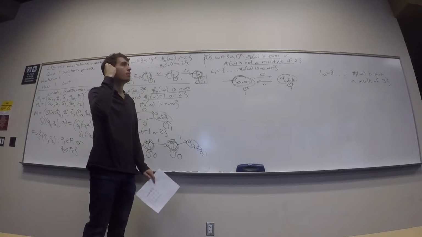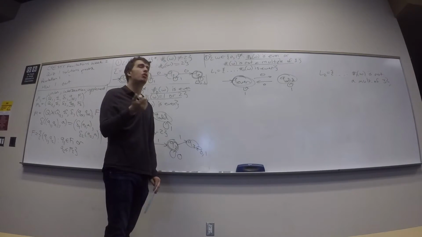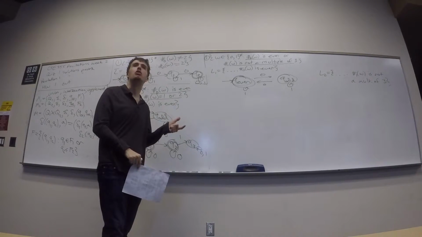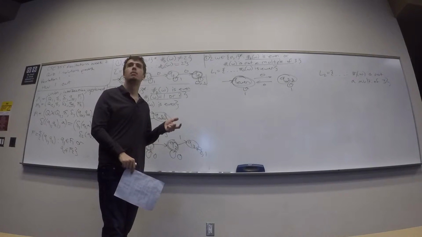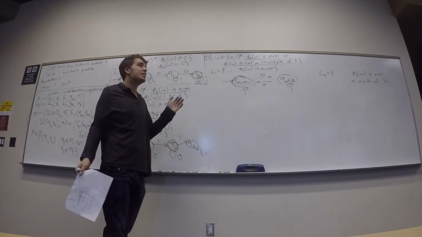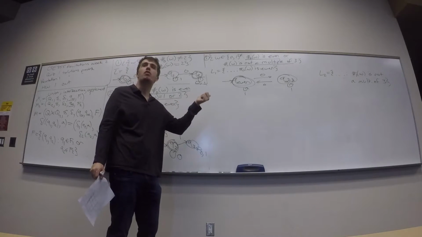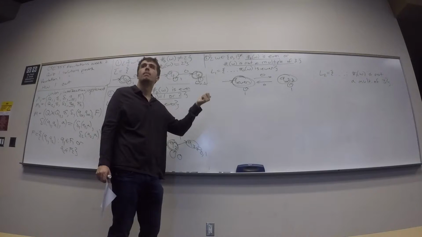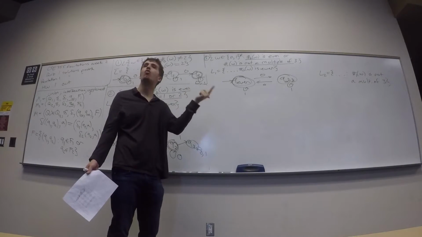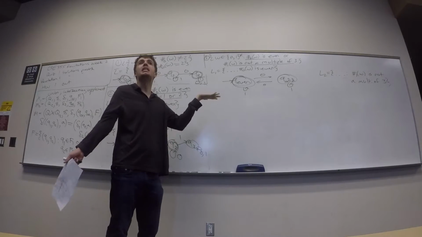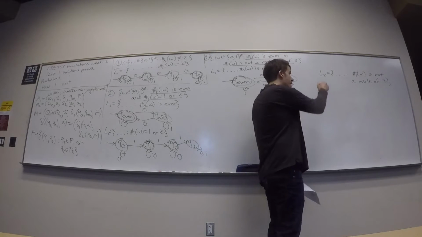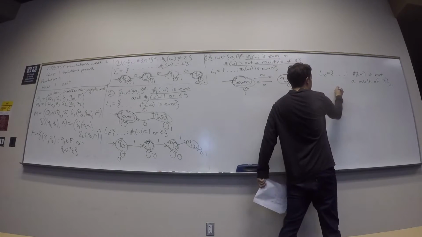Well, let's figure it out. If you see a multiple of 3 type question, what do you instantly think we should do? Oh, keep track of the remainder, right? So how many remainders are there with 3? Just 3, which are 0, 1, and 2. So let's make a state again for each of those possibilities. I'm going to write them vertically for a reason you'll see in a second.